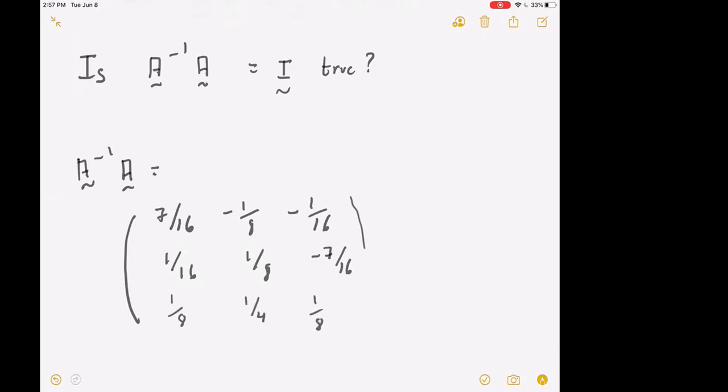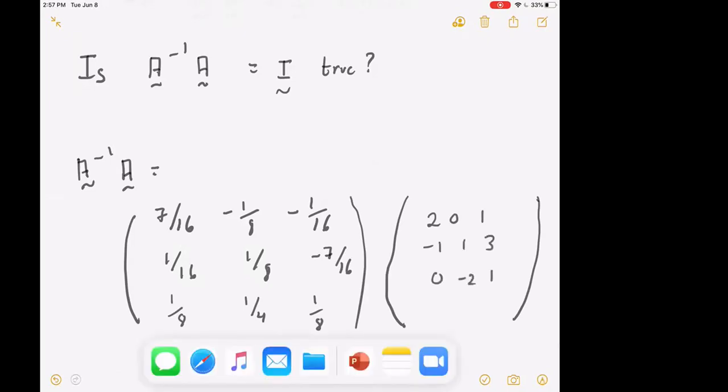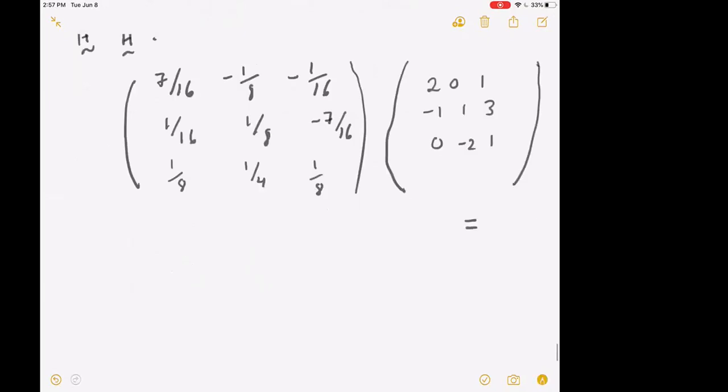And now I can easily write down A itself, because it doesn't have those fractions, 2, 0, 1, minus 1, 1, 3, and 0, minus 2, 1. Let's call this product a new matrix. Let's call it C. So C is going to be a matrix of order 3, according to the rules of matrix multiplication, and it's going to have 9 matrix elements. And so let's figure out what they are.